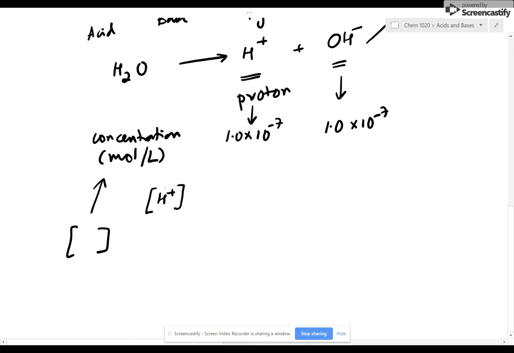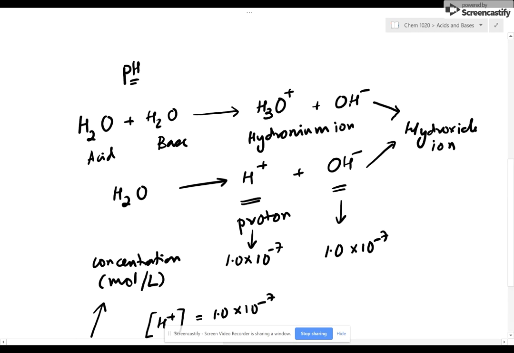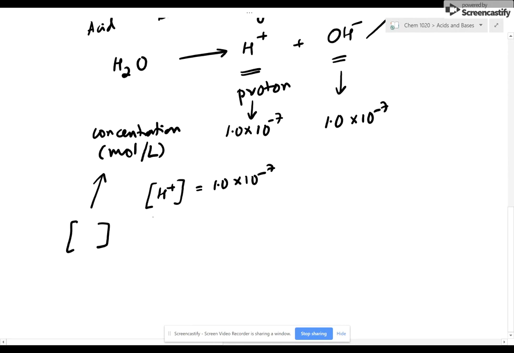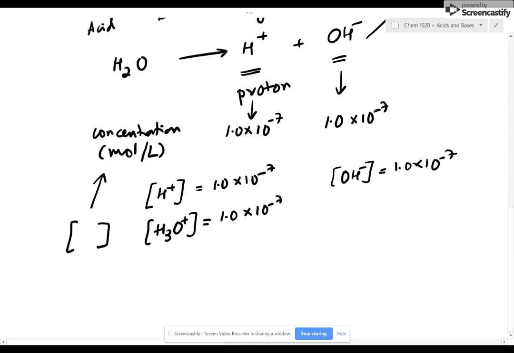So you can write concentration in moles per liter of H plus is equal to 1.0 times 10 to the negative 7. Likewise, if you go back up here, you see how you have the H3O plus out here. So you could rewrite this as concentration of H3O plus in moles per liter is 1.0 times 10 to the negative 7. And then you can do the exact same thing for OH minus. Concentration of OH minus ions is equal to 1.0 times 10 to the negative 7.